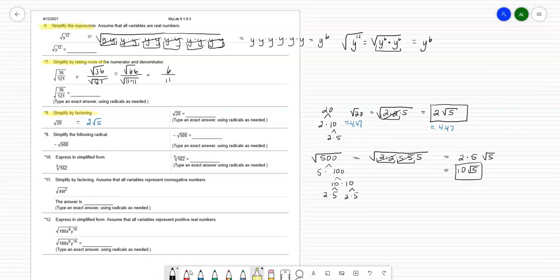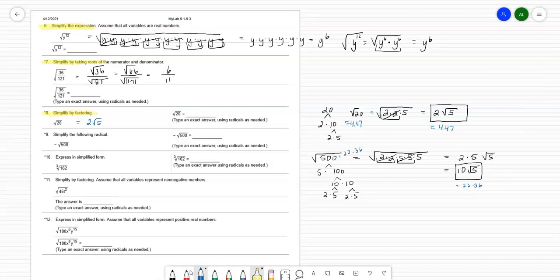But I'm going to do just a quick check to make sure that my answers match up. So I'm going to put in my calculator the square root of 500, which equals 22.36. And I'm also going to put in 10 times the square root of 5, which also equals 22.36.